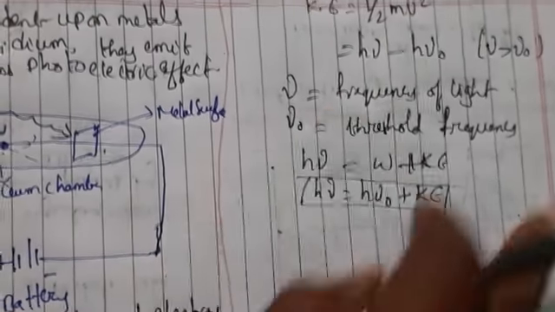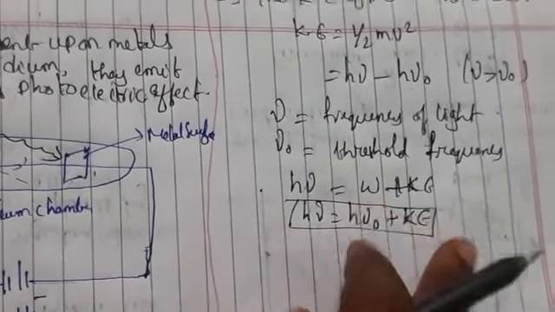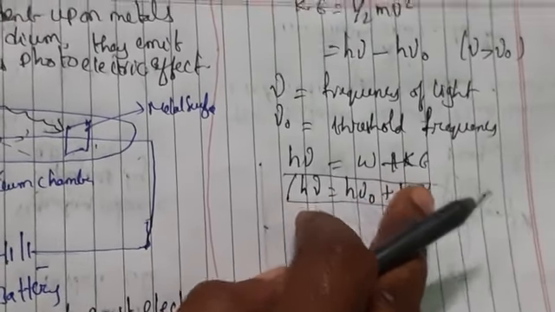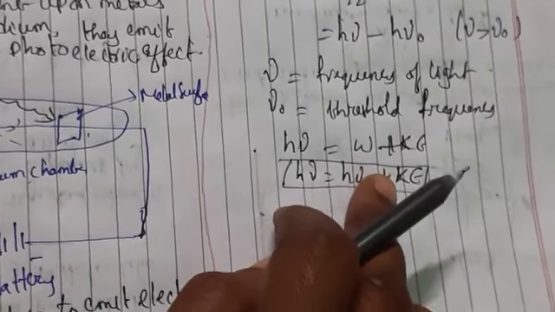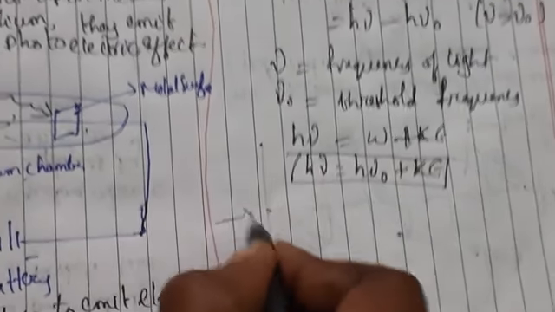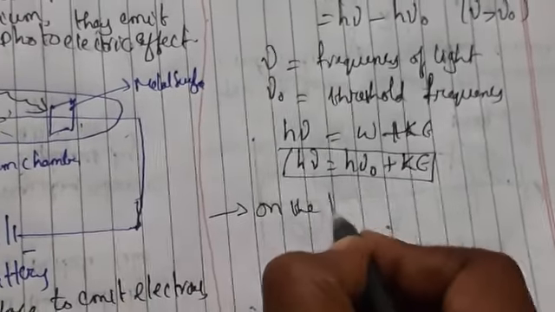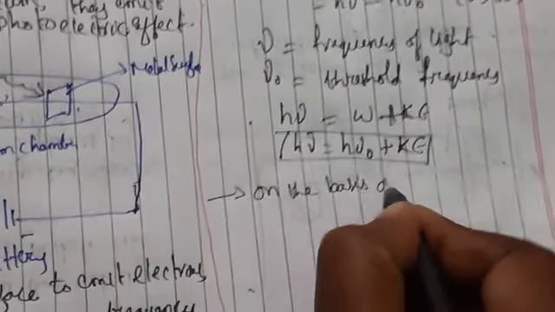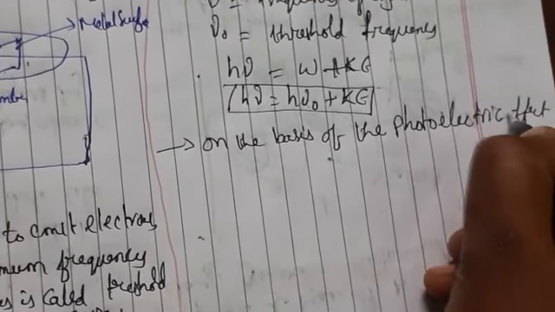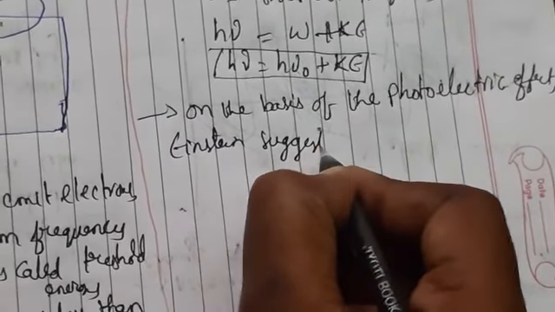So here, on the basis of the photoelectric effect, Einstein suggested that light consists of particles called photons. Each photon is a quantum of light. According to Einstein, light is not only emitted or absorbed but also propagated in the form of photons. So what did Einstein suggest?